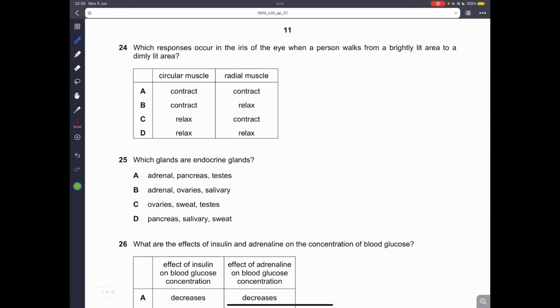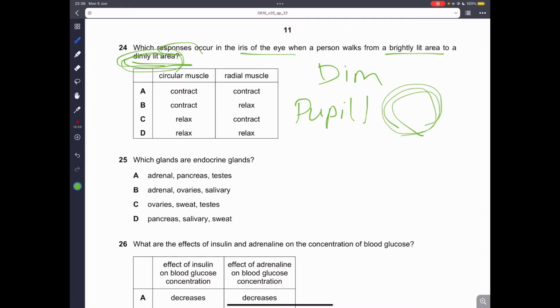Question 24. Which responses occur in the iris of the eye when a person walks from a brightly lit area to a dimly lit area? So we have to focus on the dimly lit area. In a dim area, your pupil is going to increase in size. This is the work of two muscles of the iris, the circular and the radial muscle.